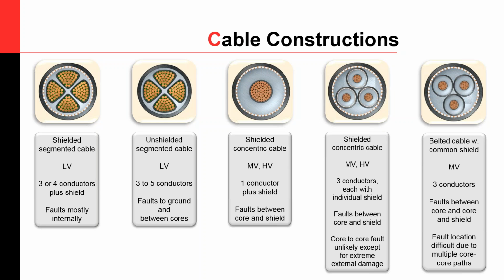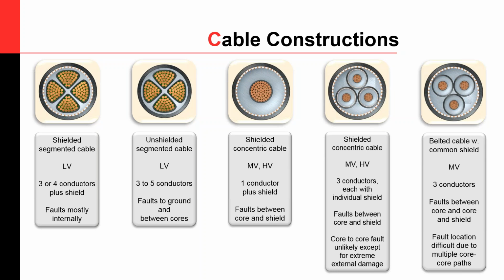Then you have a three-phase version of this very construction. So you have three of those shielded concentric cables in one, surrounded with filler material, and then in a lot of cases an armor around it, which is for mechanical protection.